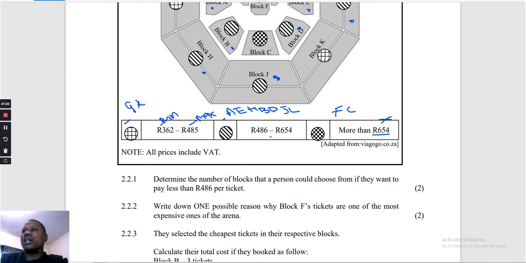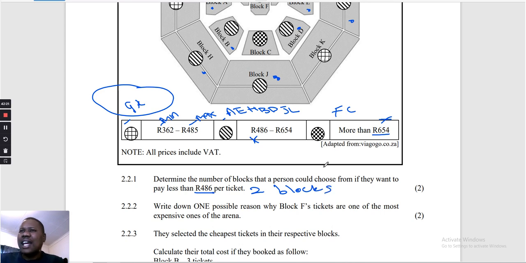If they want to choose from this one, they are going to pay 486 and above, but less than 654. So they can't choose from this because they want to pay less than. So 486 is not less than 486. It is equal to. So we need less than. So the less than is 485 and below, but more than 362. So how many blocks? Only 2. So we're going to have 2 blocks.